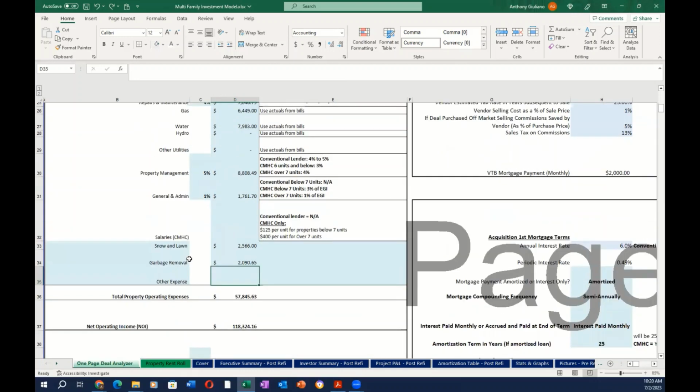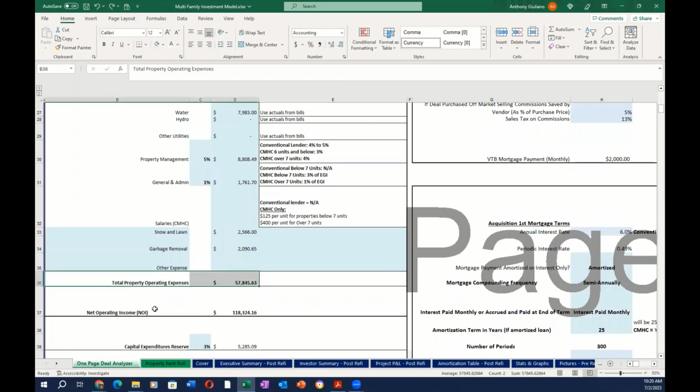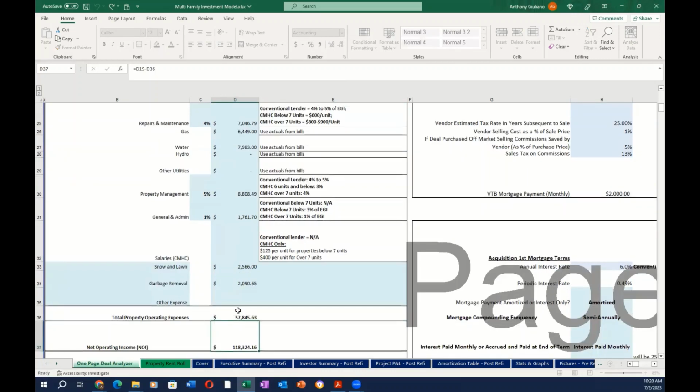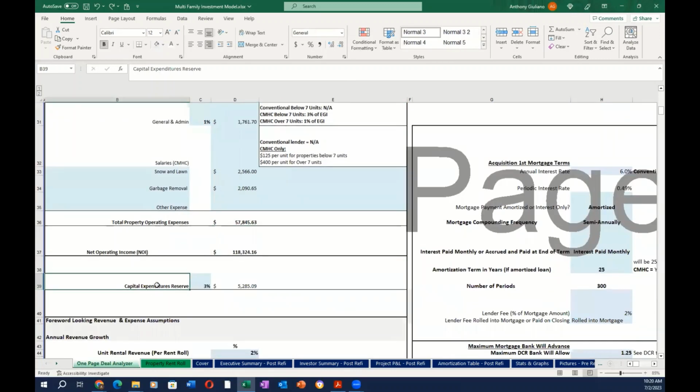So once you've done that, we have our operating expenses and our net operating income on the property. At the same time, the final step is to enter in what we expect our capital expenditures reserve to be on the property. I know that on acquisition you're generally going to have a full-on acquisition capital budget for upgrading various aspects of the property.